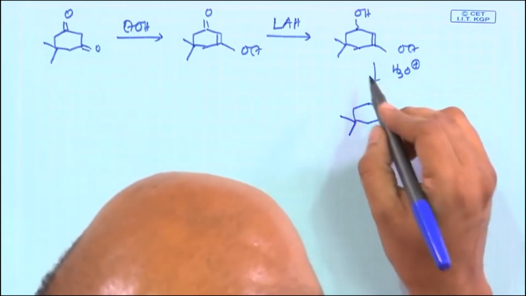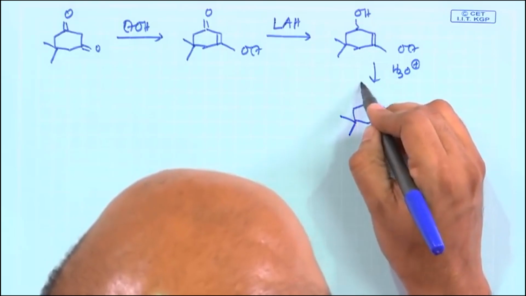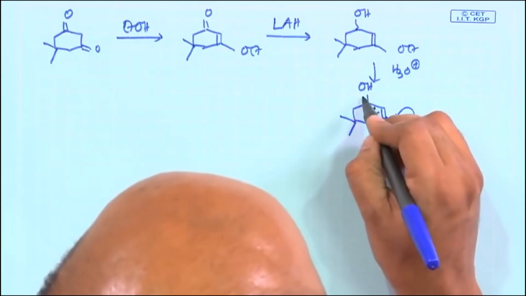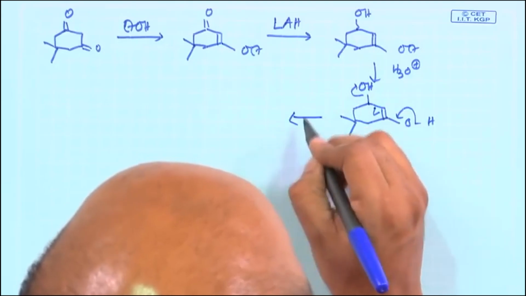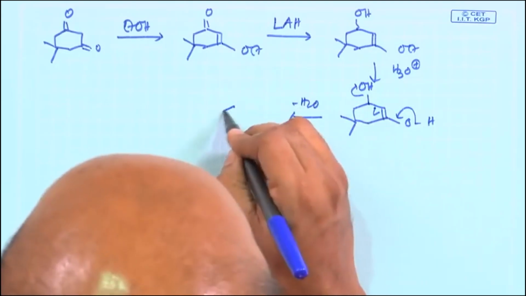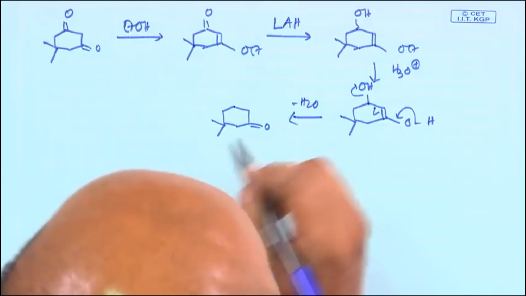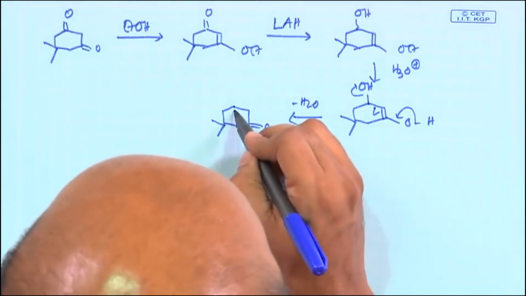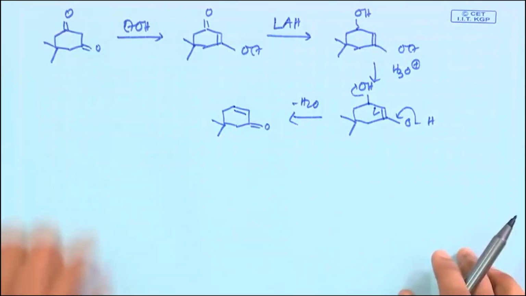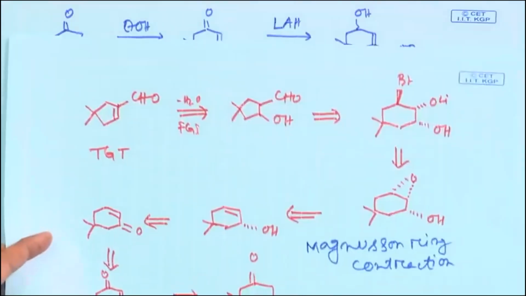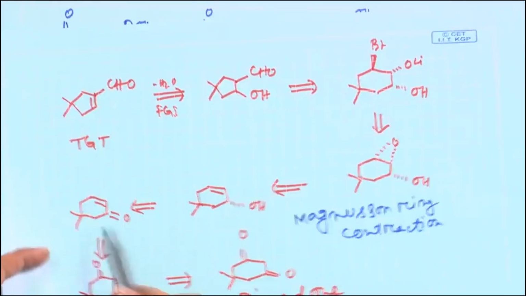In this case we just use the hydride nucleophile and then subject this vinyl ether to hydrolysis. It will give you a water elimination and you will get an alpha beta unsaturated ketone. Now, if you see, this is one of our starting materials in our retro pathway.